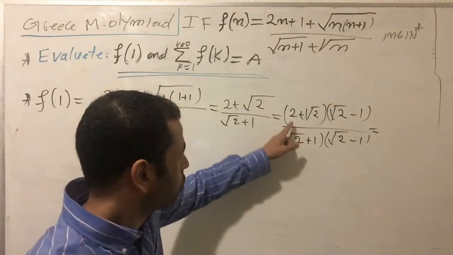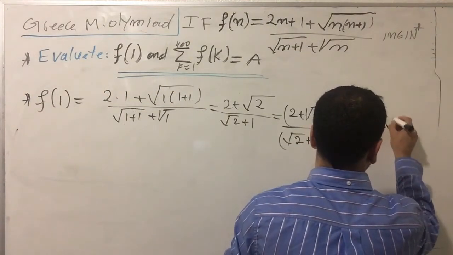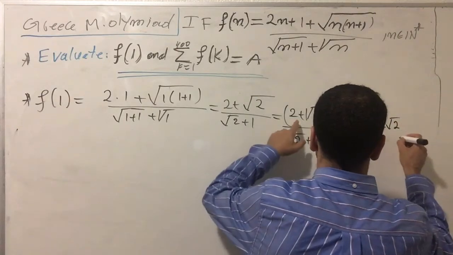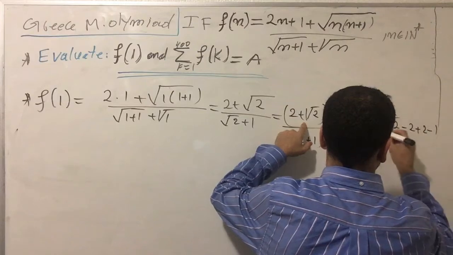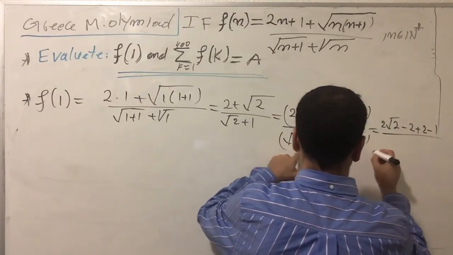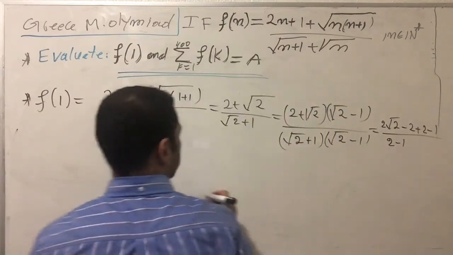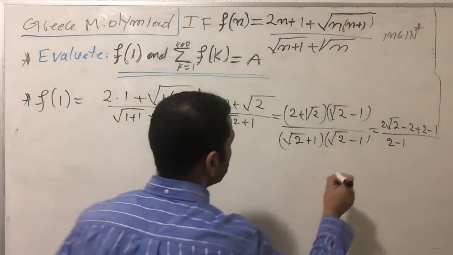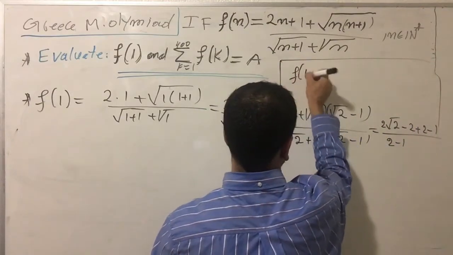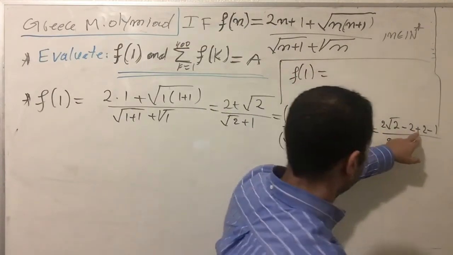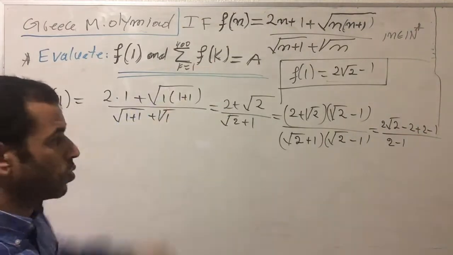If you distribute this one, 2 multiplied by square root of 2 minus 2 plus 2 minus 1 over 2 minus 1, okay? So now f of 1 equals this one, the 2 will be cancelled out.